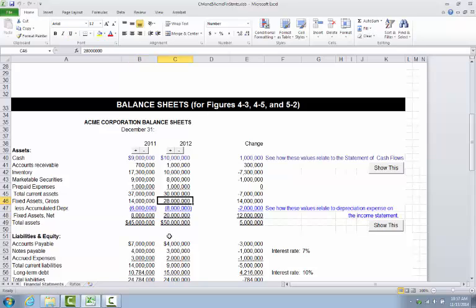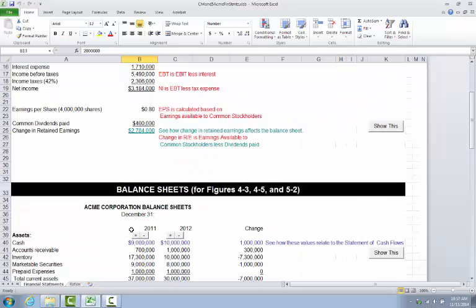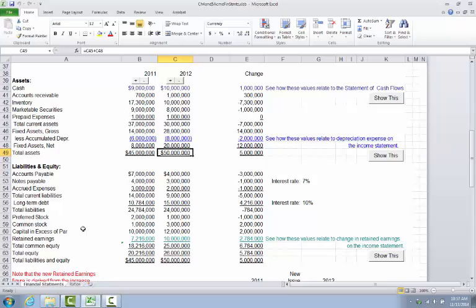So here we have the end of 2012 gross fixed assets, and if we had $6 million of accumulated depreciation, and we add an additional $2 million to that figure, we get $8 million as the new accumulated depreciation figure. So that leaves us with net fixed assets of 20 million, total assets of 50 million.